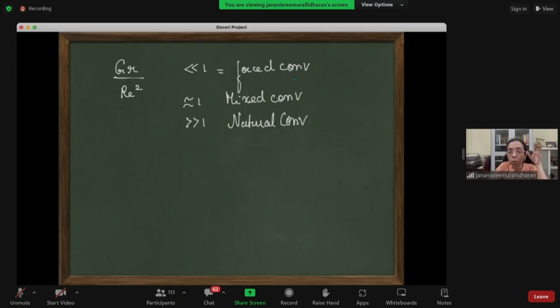Okay? So now what we're trying to say, in a vertical plate, I will apply a particular delta T. And when that delta T is being applied, you will have a flow that is being set up. And that flow will actually control your velocity distribution.